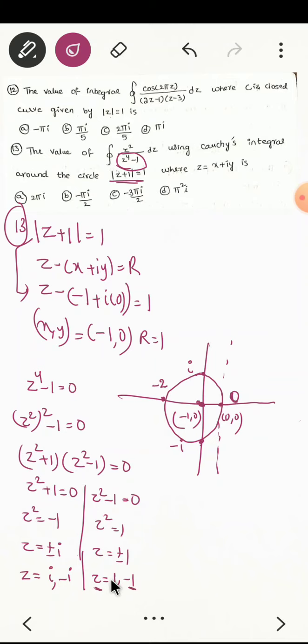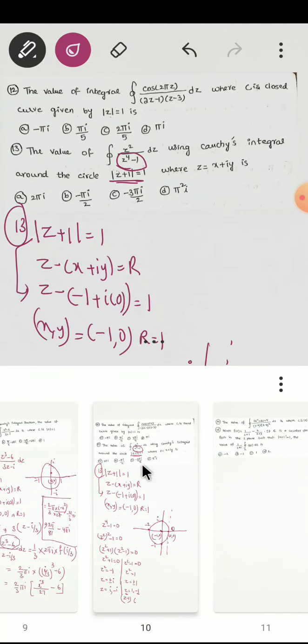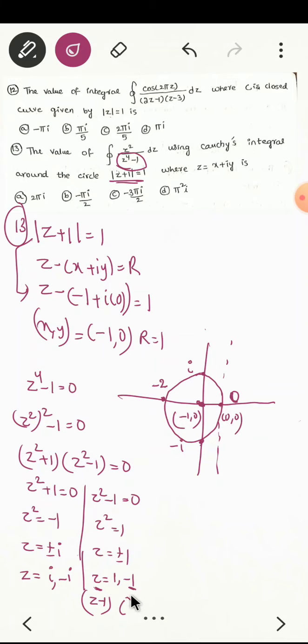I can write these as z minus 1, z plus 1. z square plus 1 and z minus 1 are lying outside, so I should send them to the numerator, and z plus 1 I should keep in the denominator.